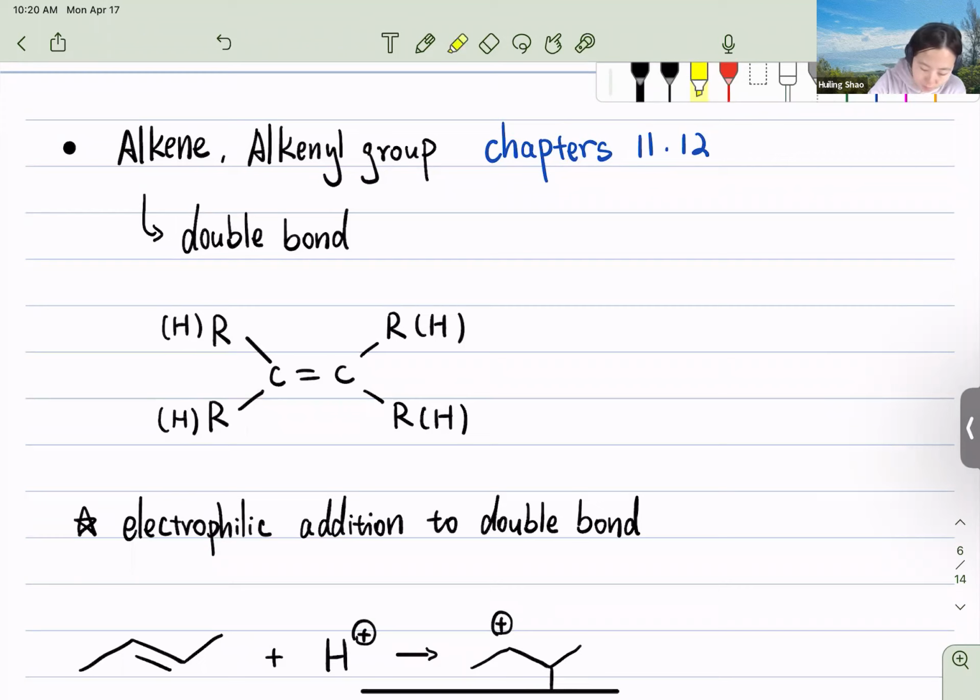As we were talking about, alkenes have the pi bonds. So these pi electrons here, they can act as nucleophiles.